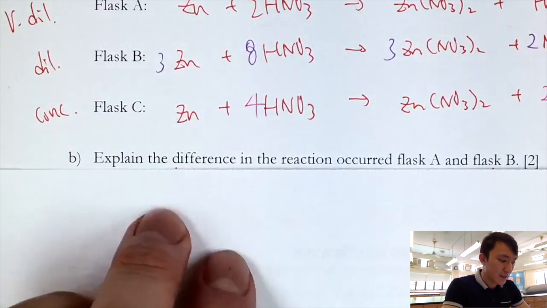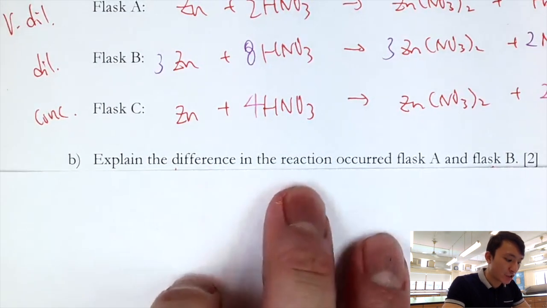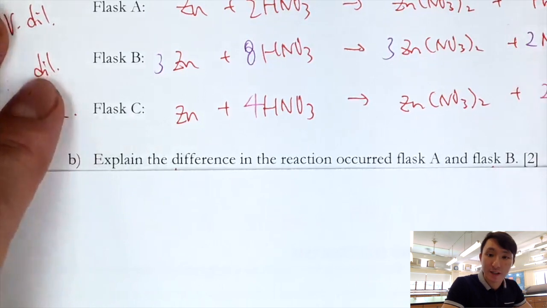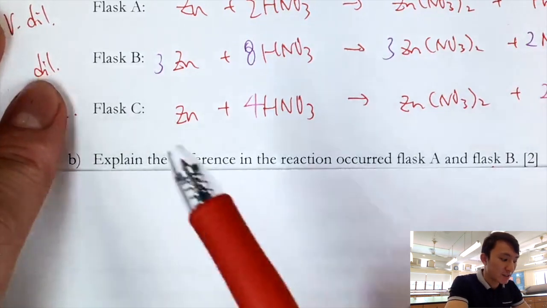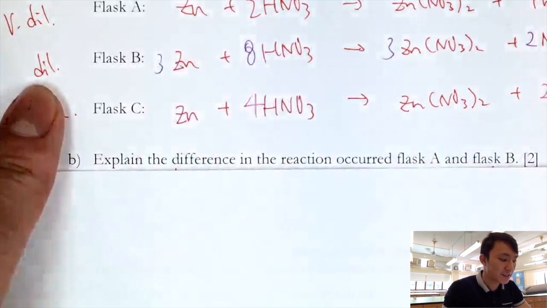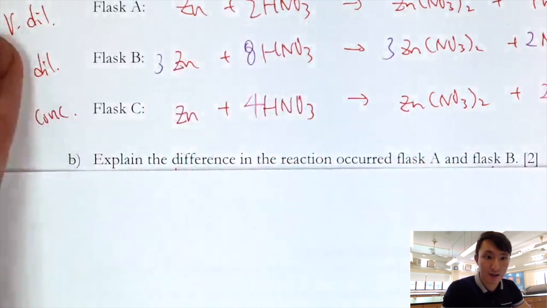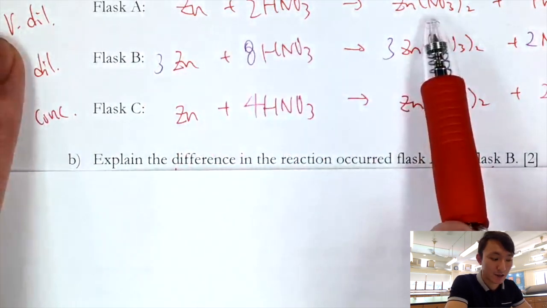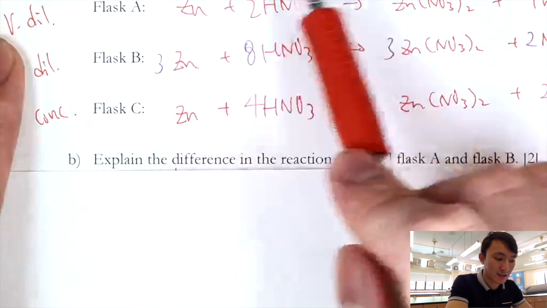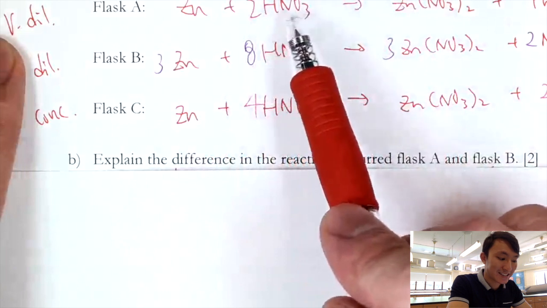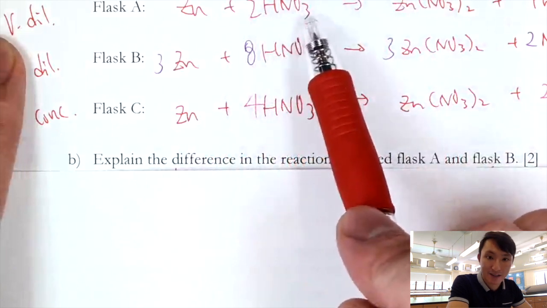Now for part B, explain the difference in the reaction occurring in flask A and flask B. First of all, I need to clarify one thing. Even though we say that for flask A, the very dilute nitric acid does not have an oxidizing property, if you check out the equation, it is still a redox reaction. Zinc is oxidized to zinc 2+, but you notice that it has nothing to do with the NO3-.